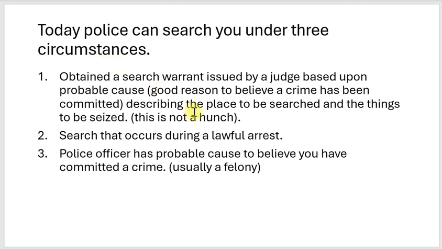So this can't be just based on a hunch. Well, Your Honor, I think this guy may have done it. I got a sneaking suspicion. Not good enough. You've got to have some evidence, an informant. Somebody saw him going to this place and then leaving at the same time the crime was committed.